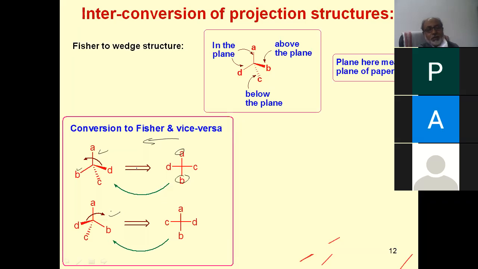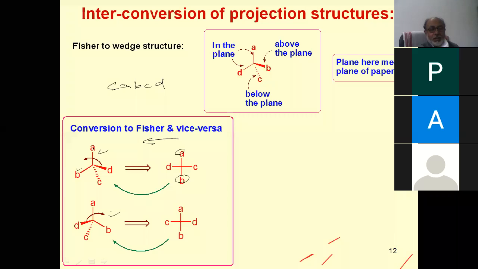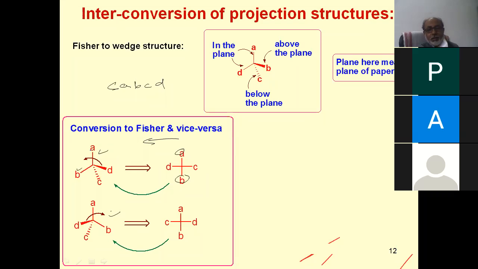You see, suppose this is your carbon. The compound has a carbon bonded to A, B, C, D. It's not necessary that you have to write A here. Is it compulsory to write A here? No, sir.